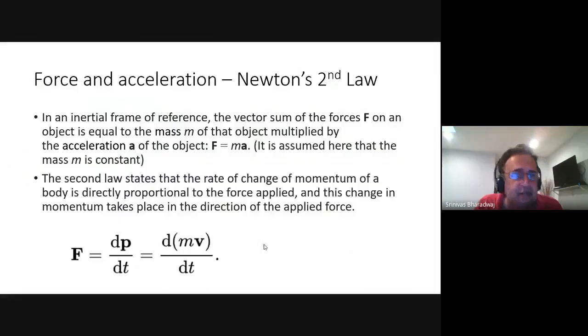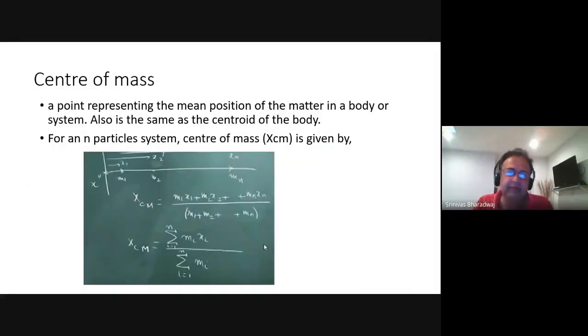There is not one body anymore now. So far, we were looking only at one body. There are many bodies: M1, M2, M3, M4, Mn. This system of multiple bodies is not experiencing an external force. They are only experiencing internal forces.